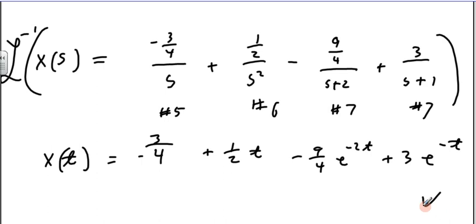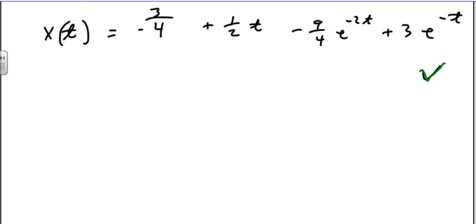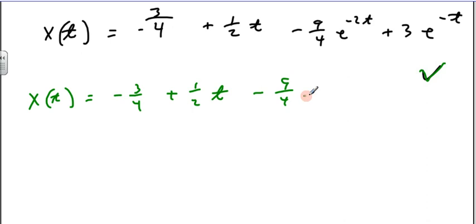Did we check it? Well, maybe we should check it. That would probably be a better thing to do. Okay, so I've got x of t is equal to minus 3/4 plus 1/2 t minus 9/4 e to the minus 2t plus 3 e to the minus t.